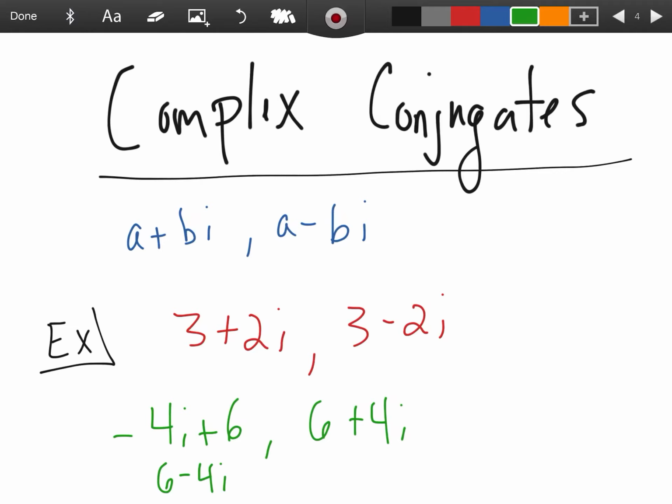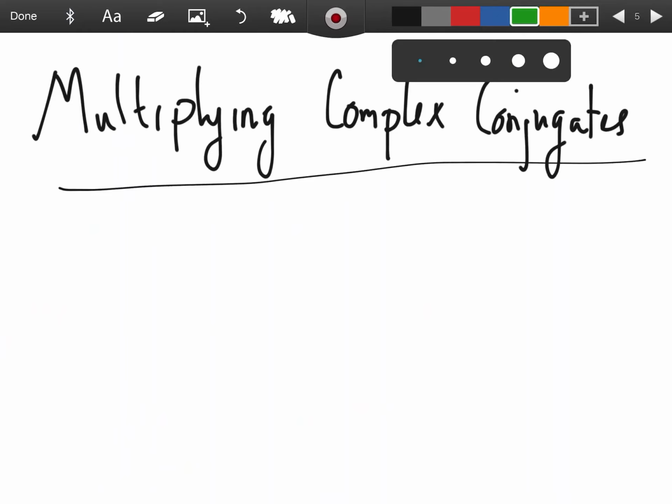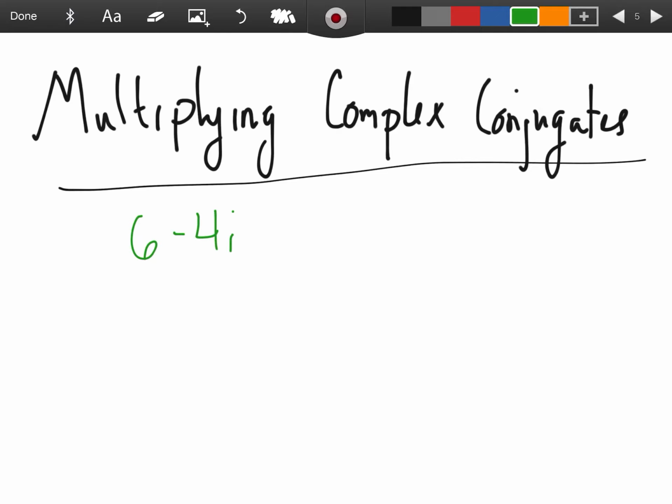And now the question might be, well, why are complex conjugates important? Why do they exist? Well, let's see what happens when we multiply two complex conjugates together. So going back to that last example, we have 6 minus 4i and 6 plus 4i. Let's multiply these together and see what happens.